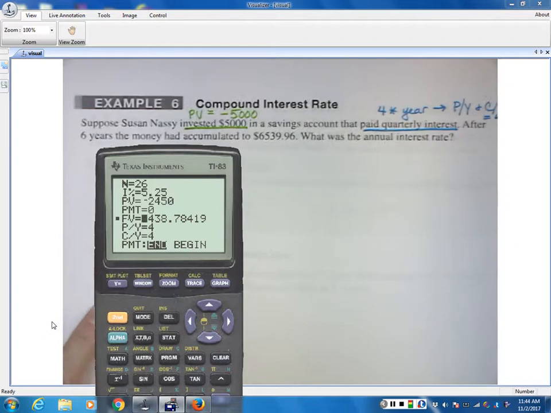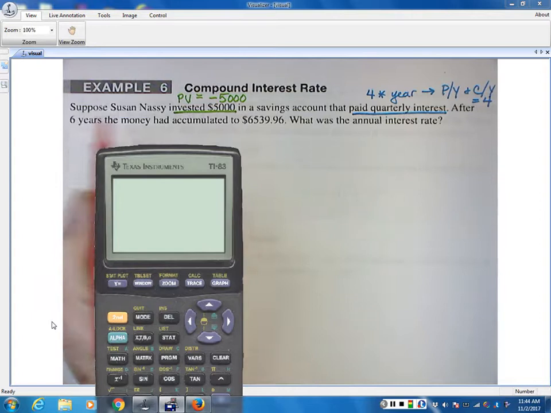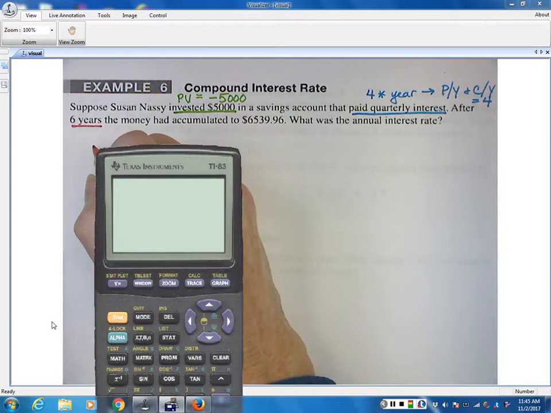That means P/Y and C/Y are both going to be 4. After 6 years, so her number of years is 6.